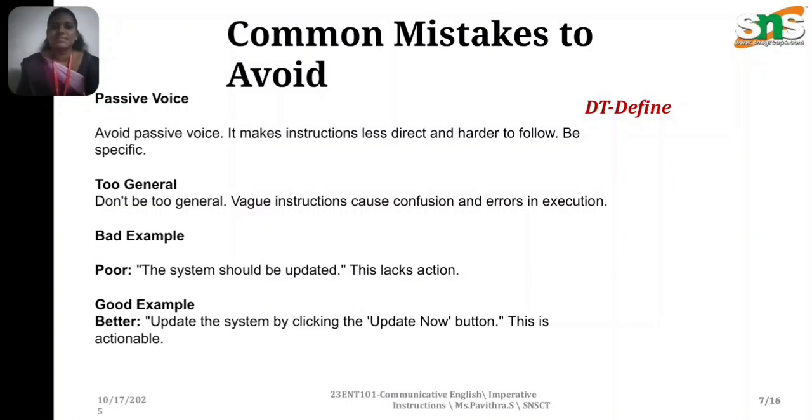This lacks action, which means it is in passive voice. A better example is: update the system by clicking the update button. This is actionable. So we need to use active voice when we construct instructions.